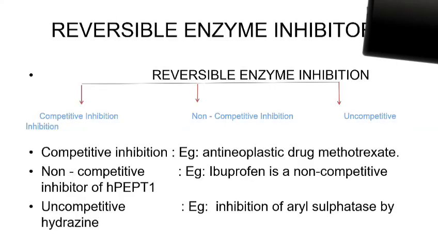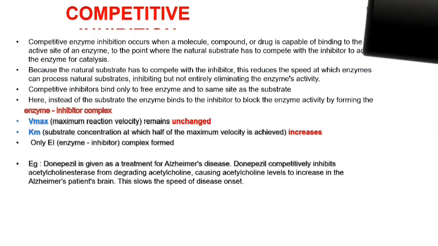Let's first discuss competitive inhibition. Competitive enzyme inhibition is a type of inhibition where one complex is formed, and this complex results due to the competition between the enzyme inhibitor and the substrate.